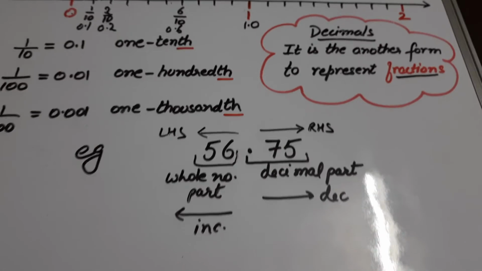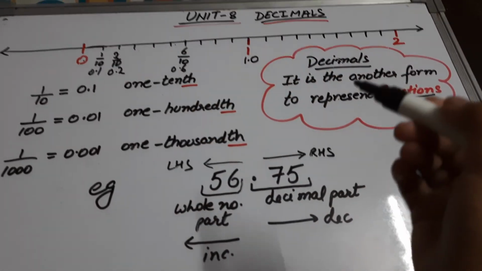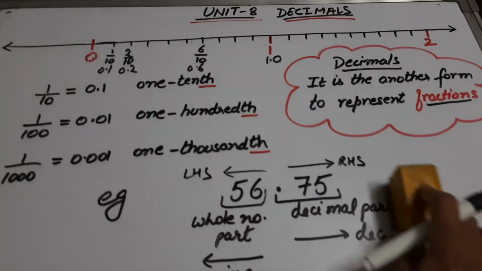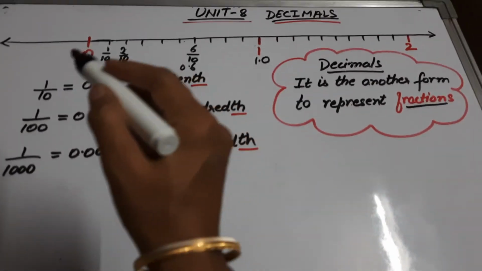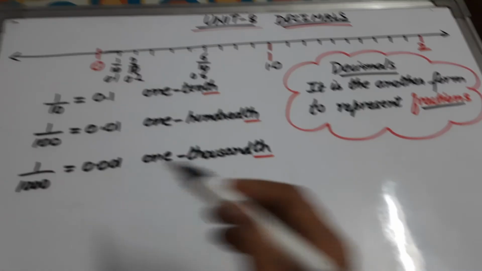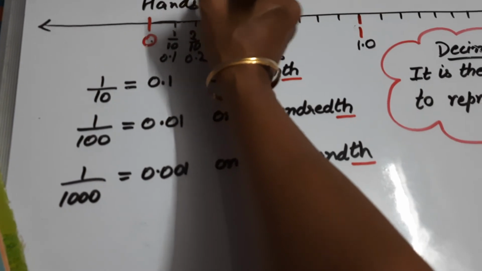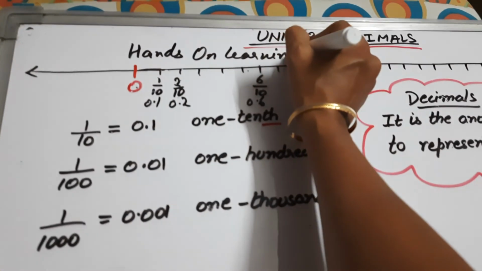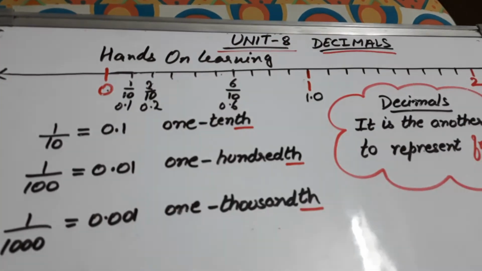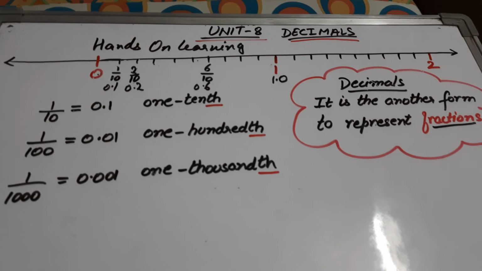So in this way, remember these decimals, and this is your hands-on learning. Dear students, before starting the chapter, on the very first page, write down all these points which I have mentioned and give the heading as hands-on learning. These are the basics which you must remember.